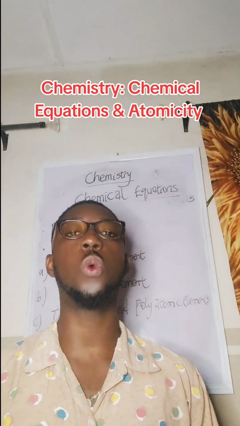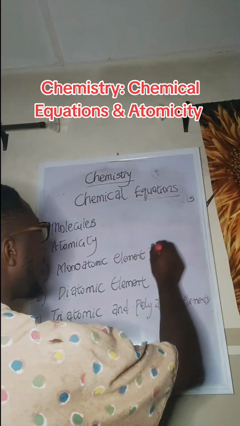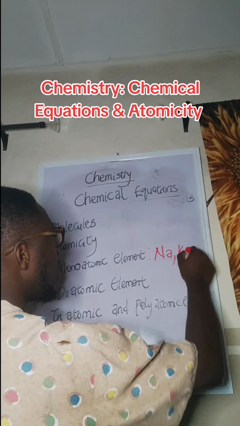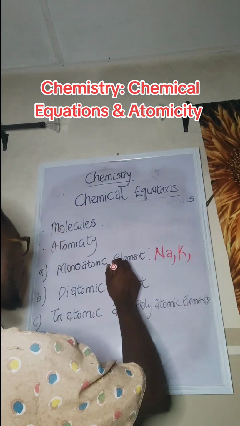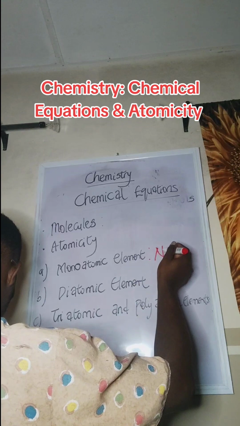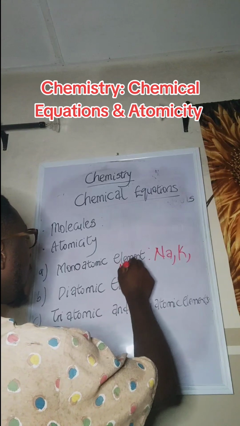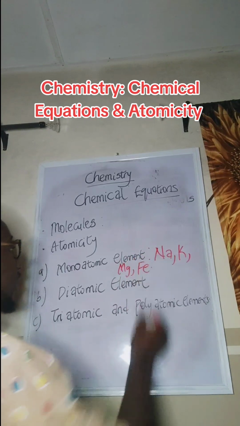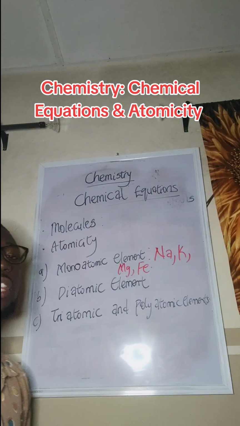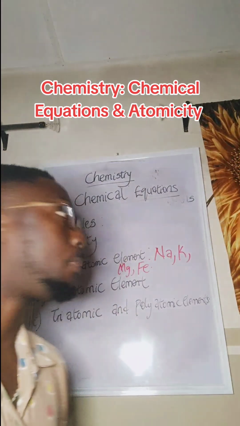Examples are sodium, potassium, magnesium, iron, etc. They contain one atom in a molecule of their compound.